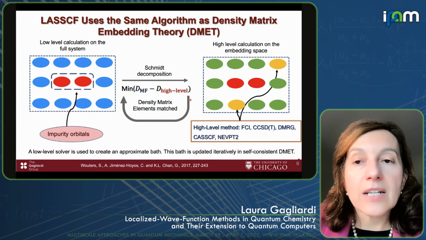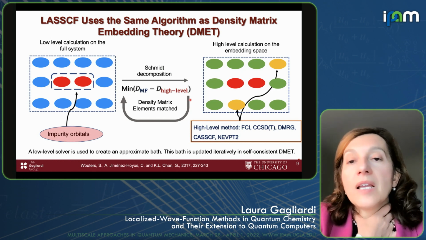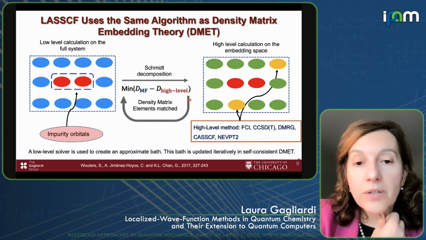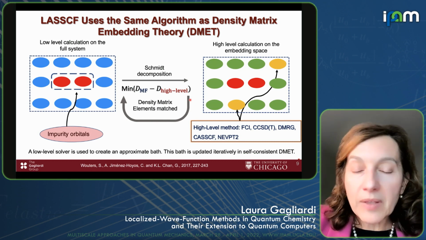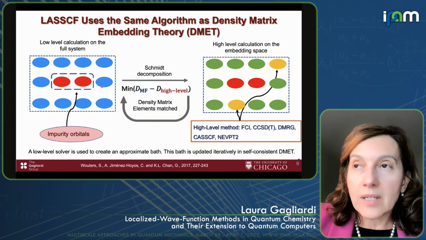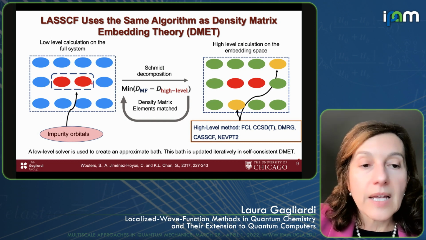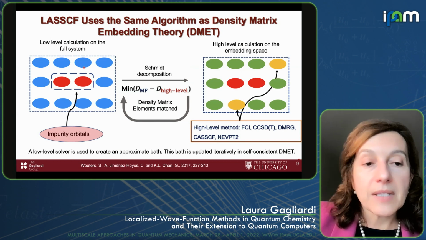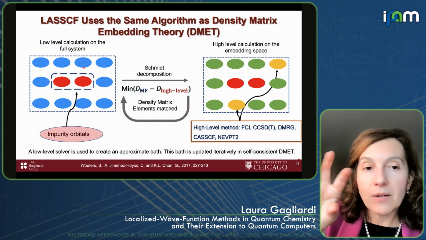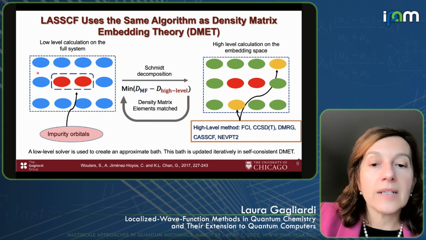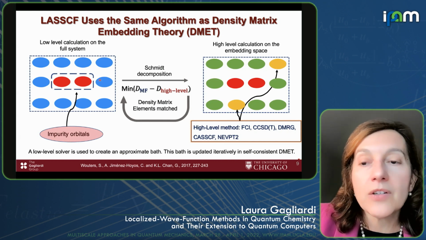And so, as I said, LASSCF uses the same algorithm as density matrix embedding theory. If there is time, I will say something about it at the end. But the idea, and there will be another talk about it later, is that in DMET, one classifies the system into a high level, which we call the impurity, and then there is the environment.